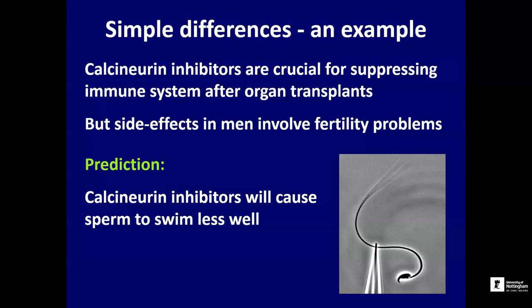Calcineurin inhibitors were potentially candidates here because they appear to be interfering with male fertility. So in this experiment we're going to look at whether calcineurin inhibitors do indeed cause sperm to swim less well, and hence perhaps lower fertility, meaning they could operate as a contraceptive.